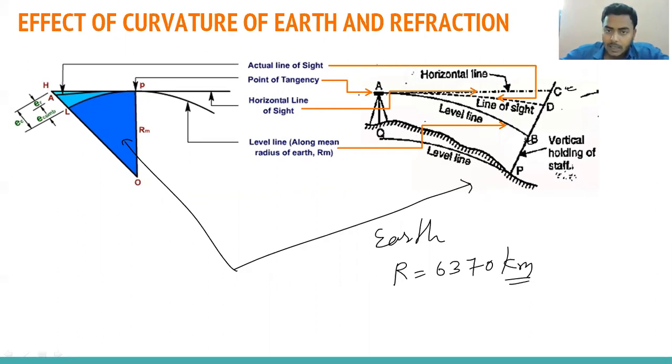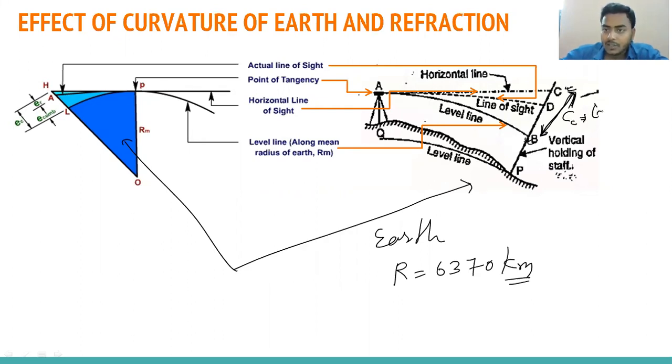So due to this curvature of Earth, you can see we have to take the reading at B on the leveling staff. The corrected reading will be B, but now we are taking the reading at C. So this difference between B and C is the error we are getting. This is called the correction, and this correction has a name, CC.